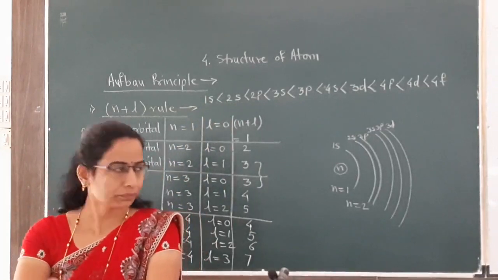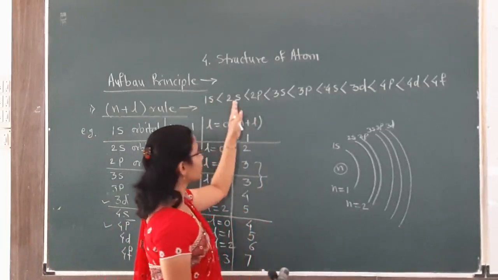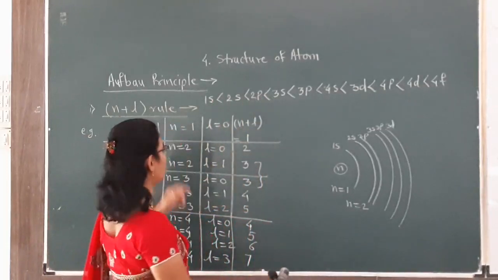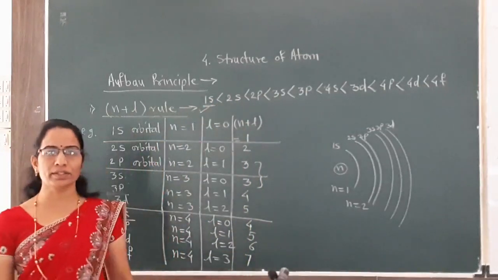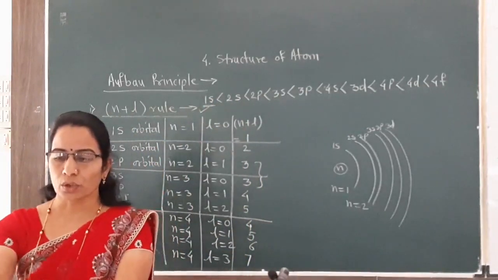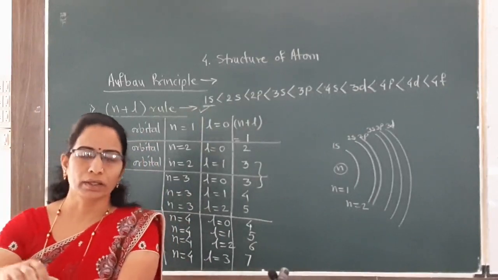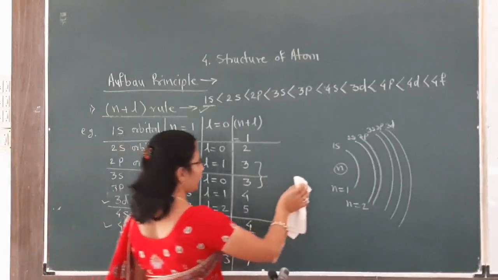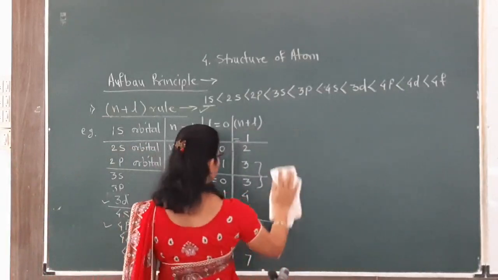Now the electrons are distributed in the various orbitals. The orbital which has the lowest energy is called the ground state of an atom. The electrons are filled initially in the ground state, that is, the lowest energy orbital.